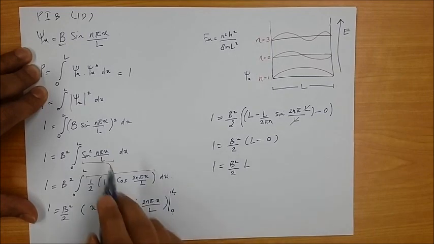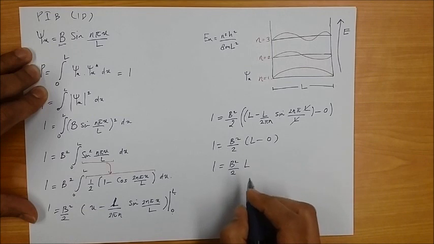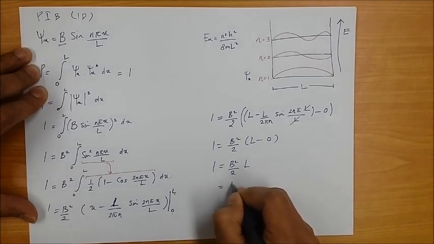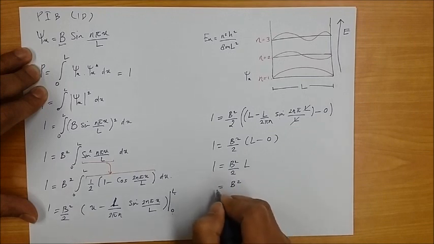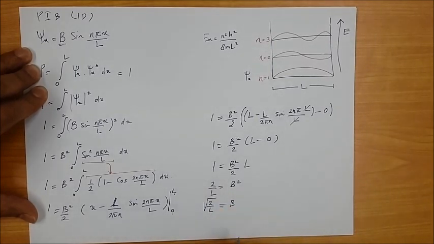Alright, because we are interested in finding B in this normalization procedure, B squared is 2 over L, in which B is the square root of 2 over L. Great.